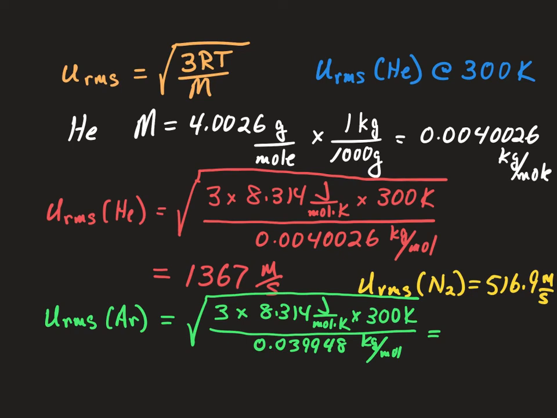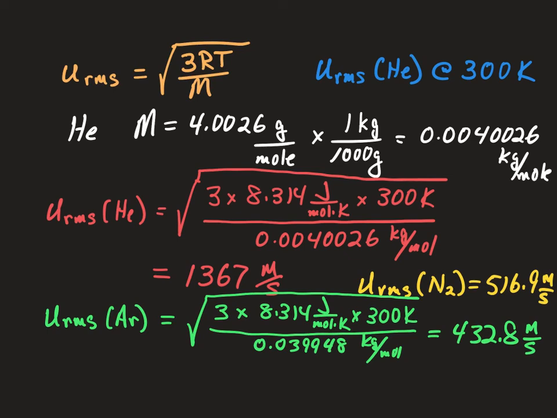And when we do that calculation, we end up with a root mean squared velocity of only 432.8 meters per second, right? Slower. The heaviest gas moves the slowest.